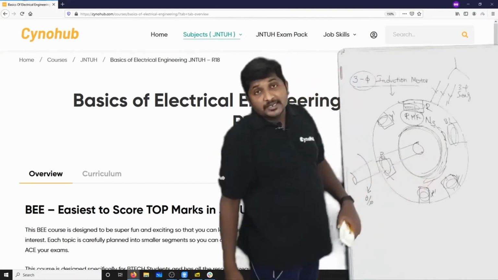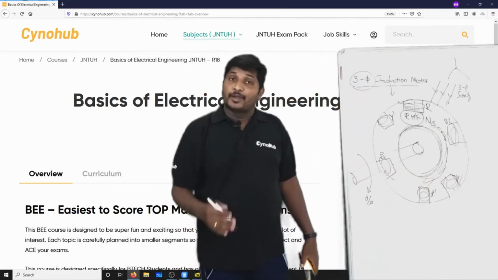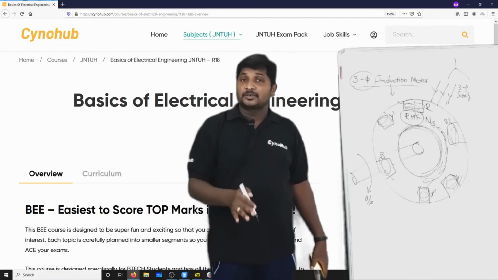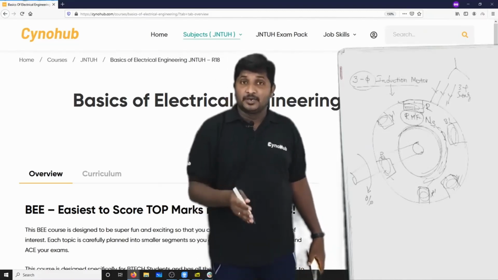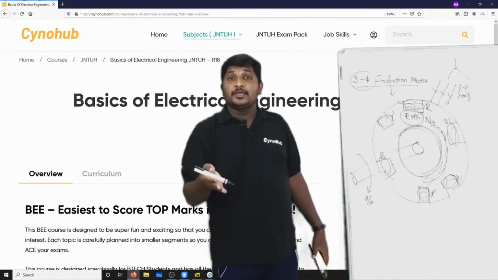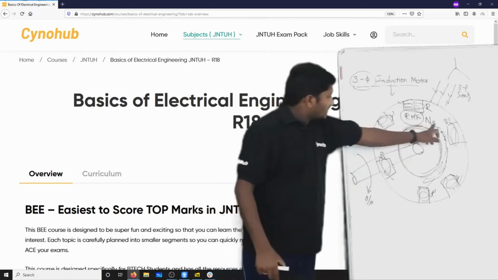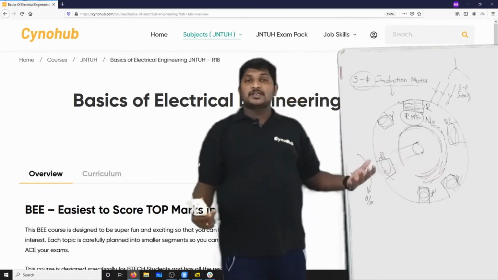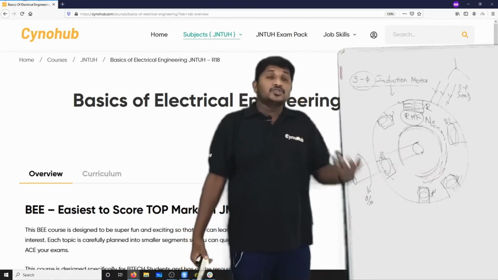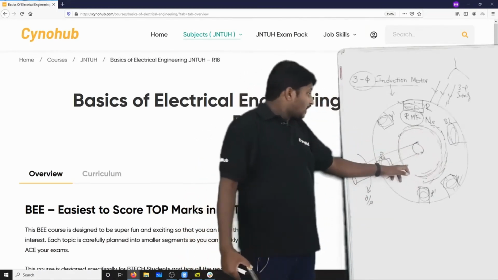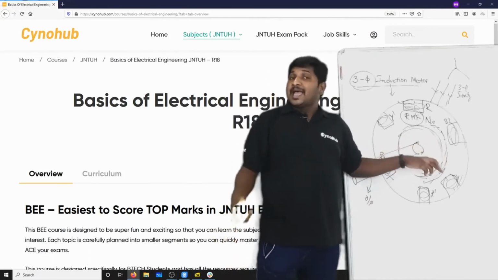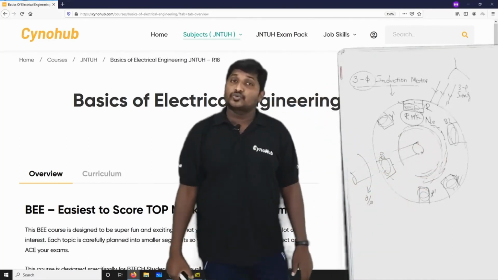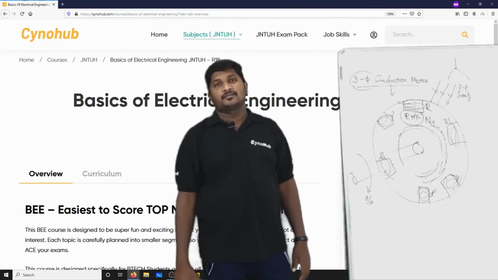Now according to Faraday's laws of electromagnetic induction, whenever a conductor cuts the magnetic flux, an EMF will be induced. This is the flux and this is the conductor, and these two cut each other, so there is an induced EMF in the rotor. The rotor is short circuited, hence current will flow through that rotor.